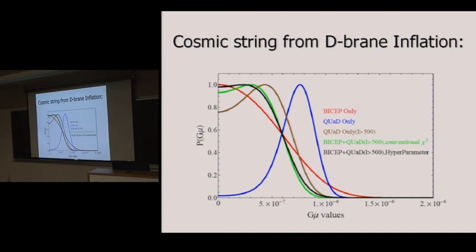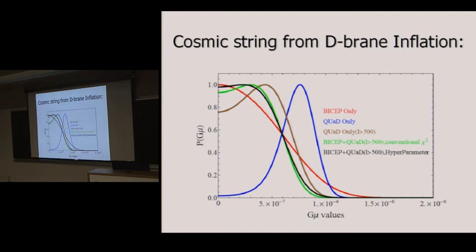It seems to be a detection of G mu, but actually some part of the QUaD data, especially for L less than 500, has systematic errors. If you remove this part and use just the data with L above 500, you get this brown curve, which is very well consistent with the upper bound given by BICEP, 10 to the minus 6. If you combine these two, of course your constraining power improves.